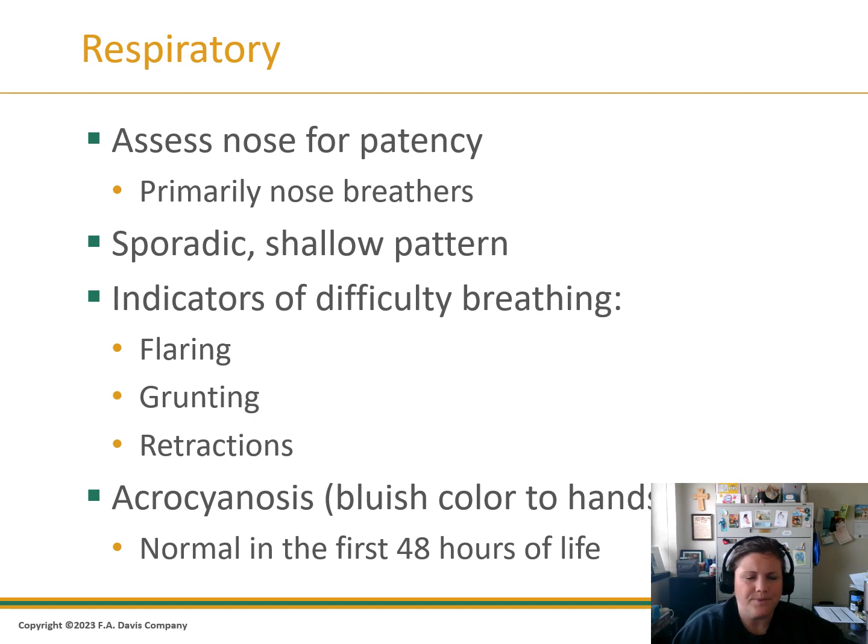So for the respiratory system, some things to remember is that infants are by nature nasal breathers. That means that they primarily breathe through their nose. It is important that we ensure patency for that reason, because if we have any nasal obstruction or severe congestion, we can just opt to breathe orally.